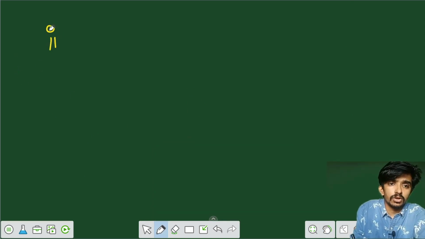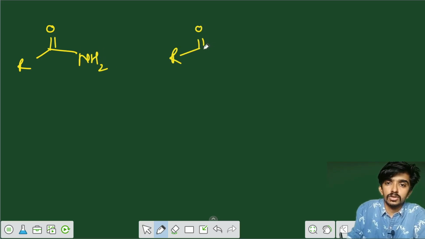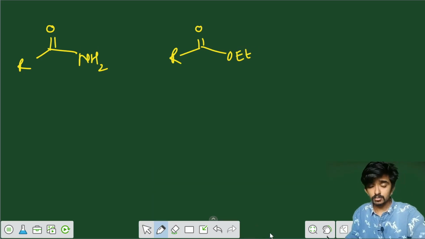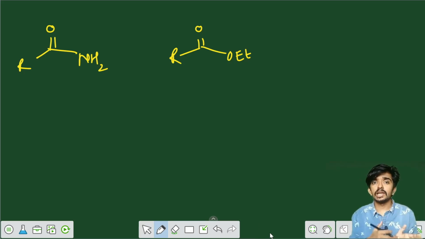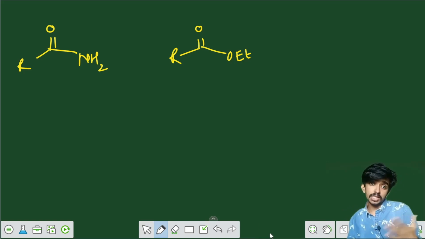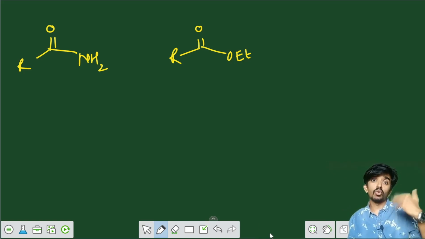Let us draw the structure of amide, and here is the structure of ester. Now, as you know, nitrogen is less electronegative as compared to oxygen, and the atom which has lesser electronegativity has higher HOMO.